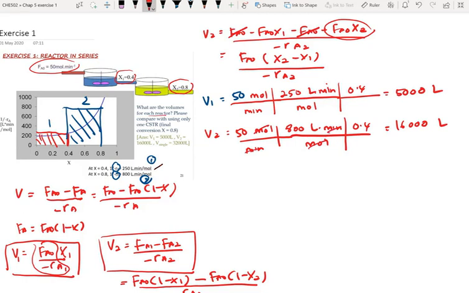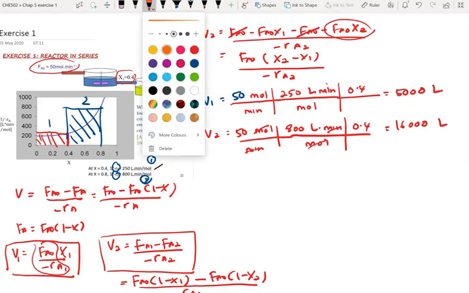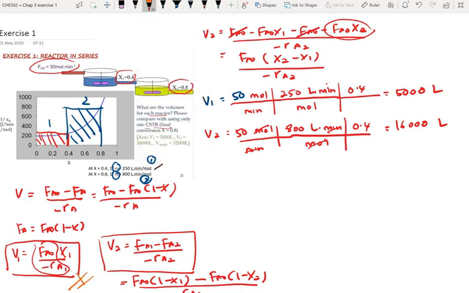Then please compare with using only one CSTR. If it is one CSTR, you are going to use this formula: for a single CSTR, it will be V equals FA0 x1 divided by negative RA1.